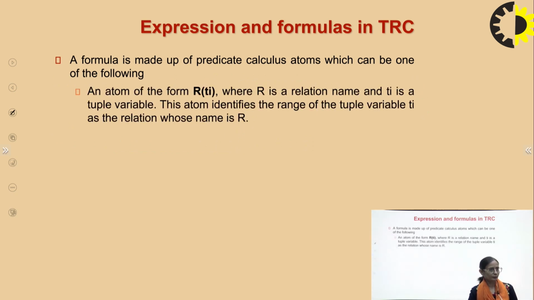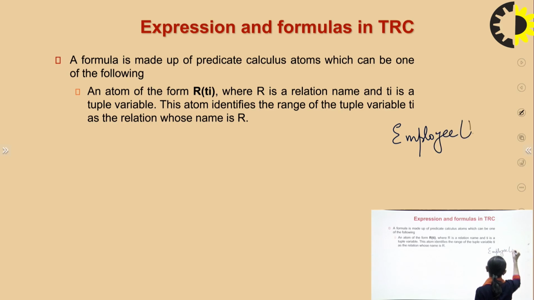An atom of the form R(Ti), that is, in our previous example, Employee(T), where R is a relation name and Ti is a tuple variable. This atom identifies the range. It will tell what the range of my tuple variable Ti is, as the relation whose name is R.